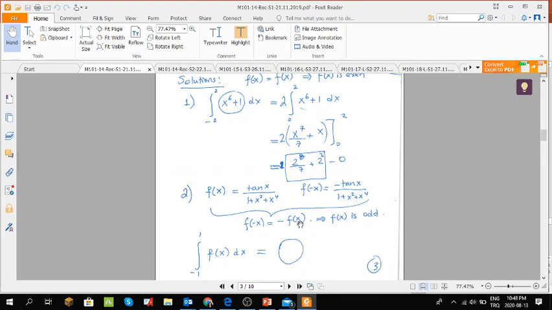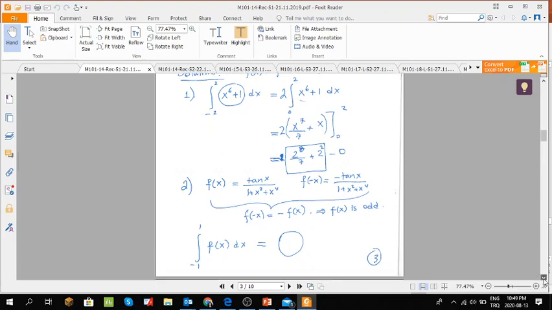So this tells us that f is an odd function. That means it's symmetric with respect to the origin. So the area underneath the curve to the right is above the x-axis, and the area underneath the curve to the left of 0 is below the x-axis, and they're of equal area. Therefore, the integral from negative 1 to 1 is going to be 0.